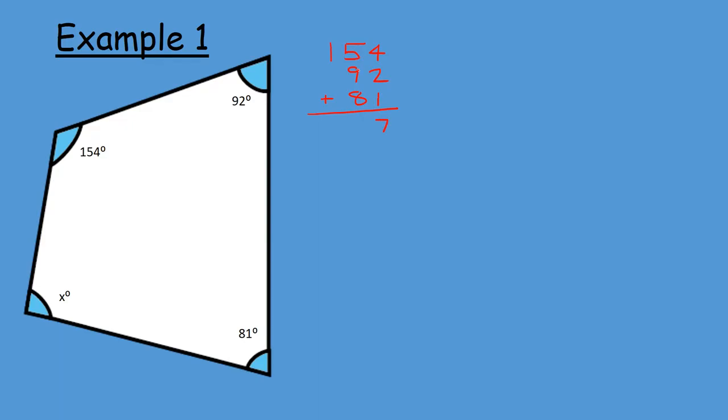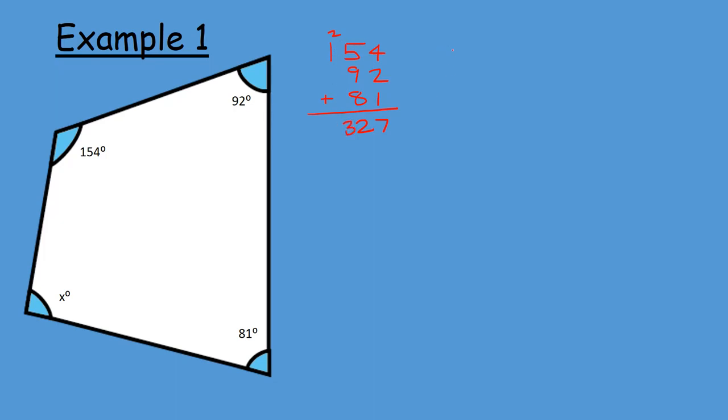So I've got 5 and 9 is 14, plus 8 is 22. So 2 and carry 2 here. So 2 plus 1 is 3.